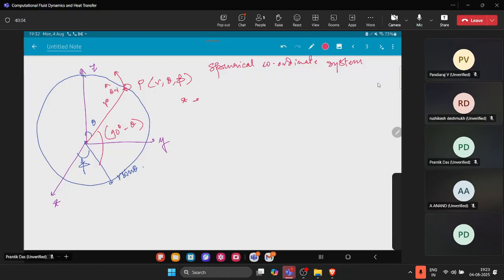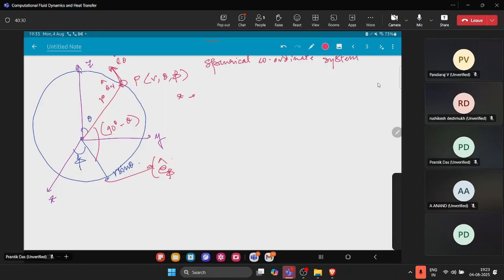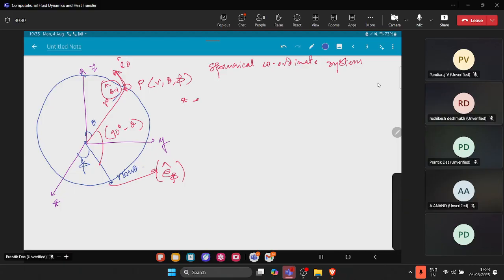If I rotate in this direction, it is e theta cap. And then if I am rotating in the xy plane, this becomes e phi cap. So the directions of e theta cap and e phi cap are the directions in which the theta and phi angles are increasing. And er cap is in the direction of the radius vector. Are you able to understand this? Do you have any doubts?